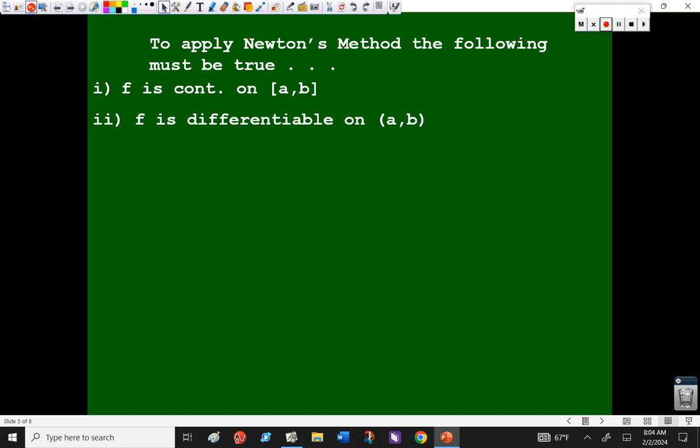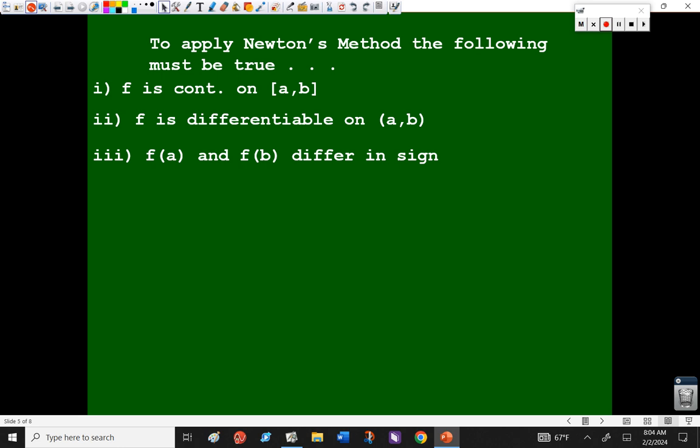Newton's method requires that f of a and f of b differ in sign. In other words, whenever you are trying to do this linear approximation on an interval, you actually have to go from a positive to a negative or a negative to positive. And why is that, you might say? Well, earlier in the year we learned about the IVT, or intermediate value theorem.